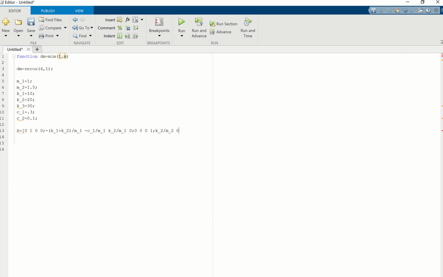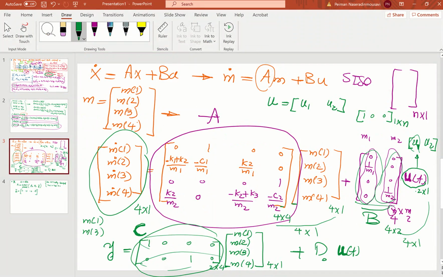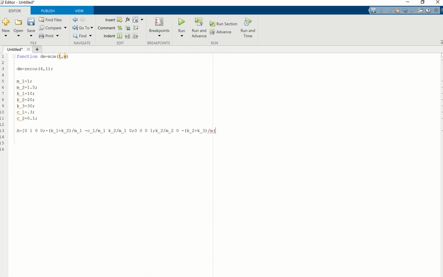And the fourth line is K2 over M2, 0, minus K2 plus K3 divided by M2, and minus C2 over M2.